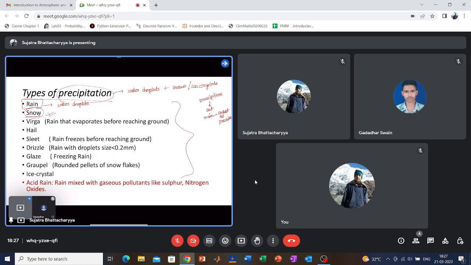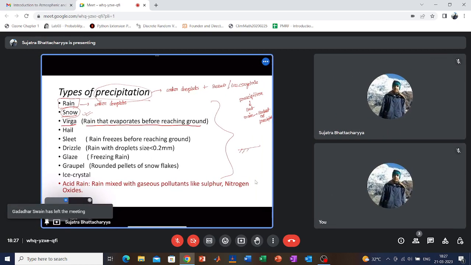Another type of precipitation is known as virga. What is that? A type of precipitation or rain that evaporates before reaching the ground. So there is the ground and the rain is falling, and suddenly you can see that it evaporates. That is your virga.